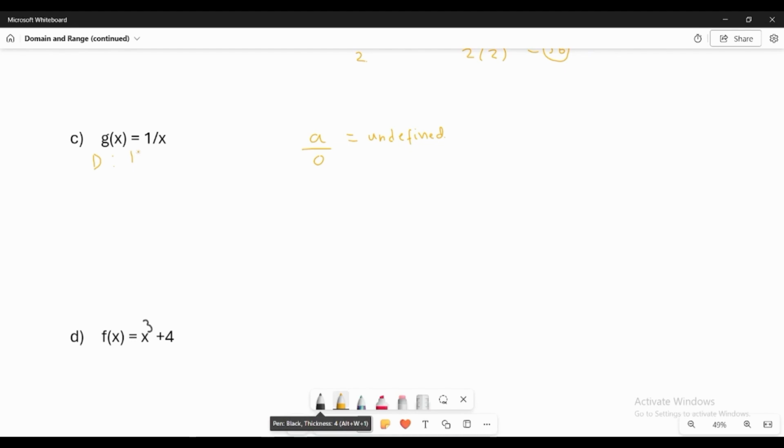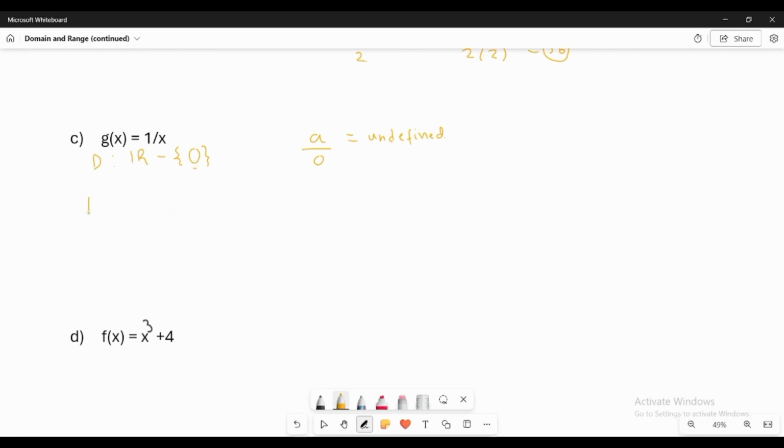That means your domain is the set of all the real numbers except 0. Whenever you have to exclude any number from your domain or range, you put a minus and then curly braces, and inside the curly braces you put the number that you want to exclude. So here you want to exclude 0, that's why I have put 0 here.